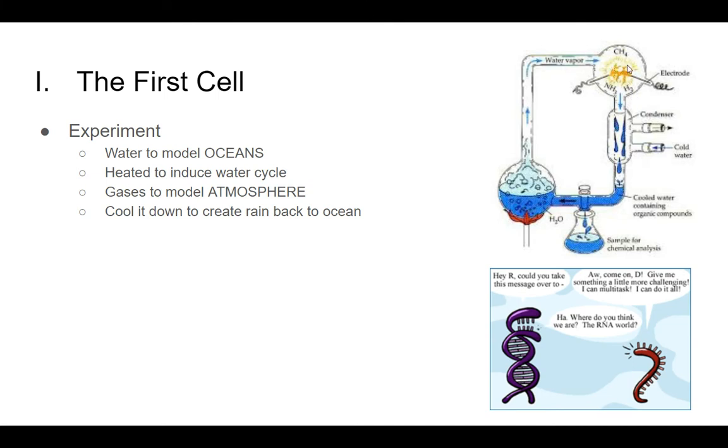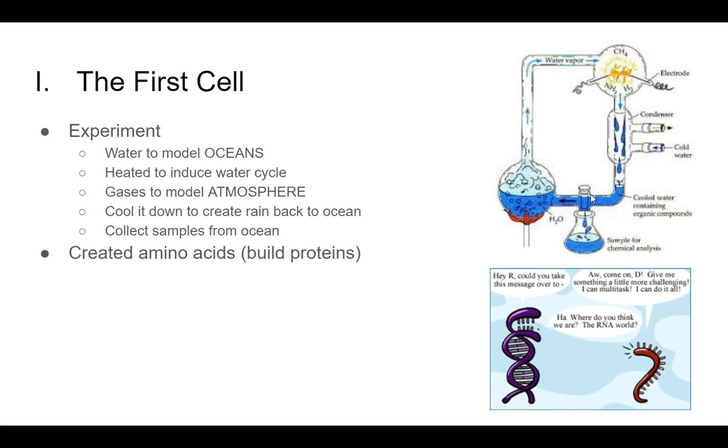That let all of these gases cool down and fall down in the form of water, which mimicked rain coming back to the ocean. Then they collected a sample after they let the system run for about a week, our video said. The water turned an interesting color, and so they sampled out of that water.